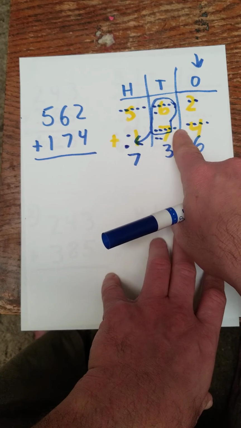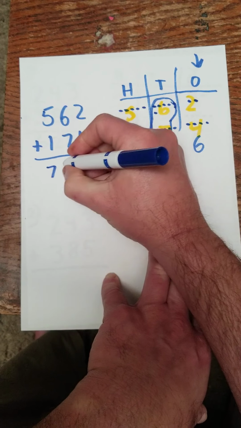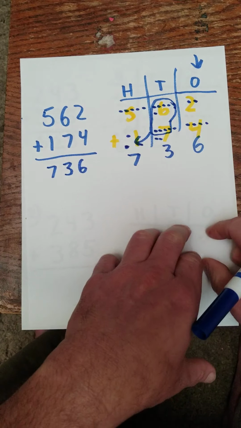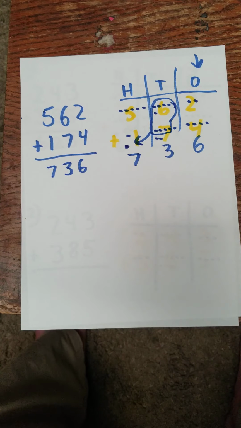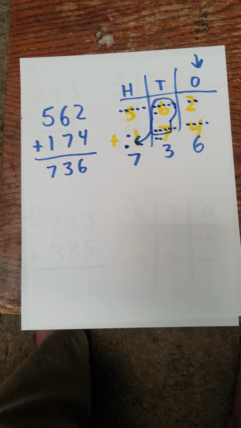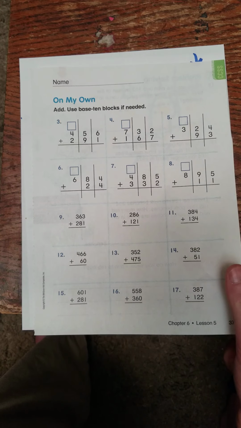So there's 7 hundreds, 3 tens, 6 ones. So 700, 30, 6. 736 is the answer. So that's how you're going to do problems 1 through 8 today.